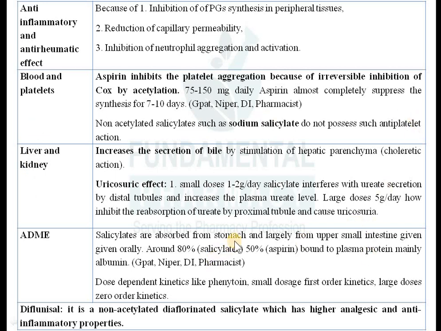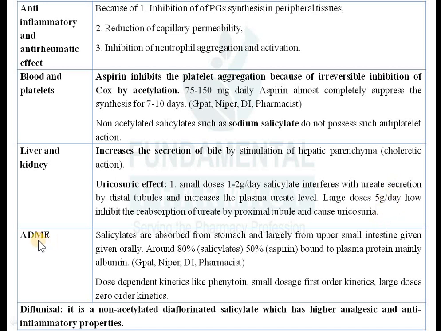Uricosuric effect means an increase in the excretion of uric acid. Those drugs which increase the secretion of uric acid in the urine are known as uricosuric drugs. Aspirin only acts as a uricosuric in large doses, 5 gram per day, and it is not recommended. It is not used therapeutically in such a dose.